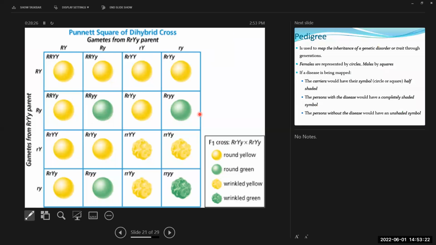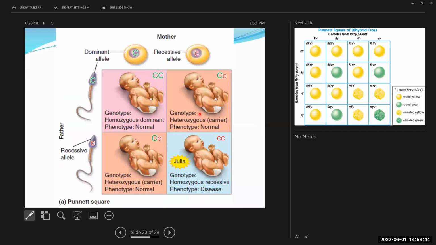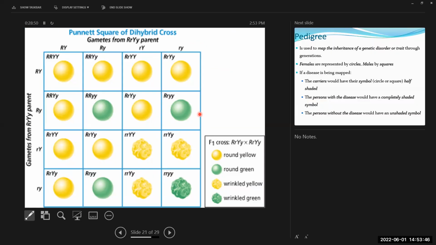And here we were looking at one allele. Now we're going to look at two. So the first one, when you're looking at one particular trait, is monohybrid inheritance, and this one is dihybrid inheritance. And you do the same thing. The parent in this case is heterozygous, and you just separate them accordingly.